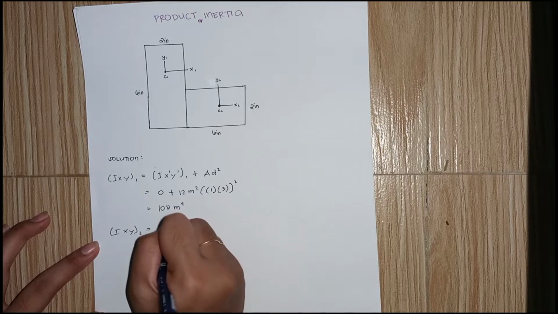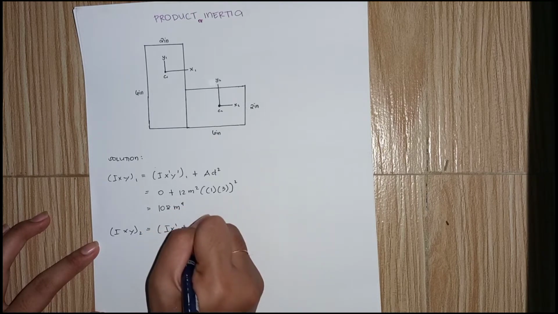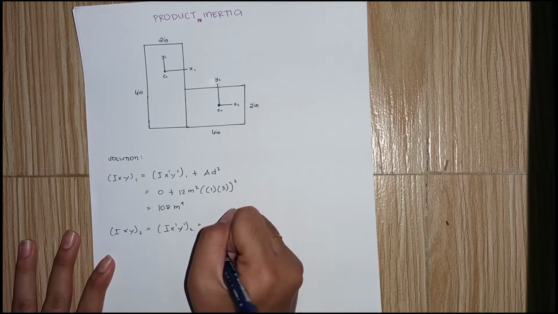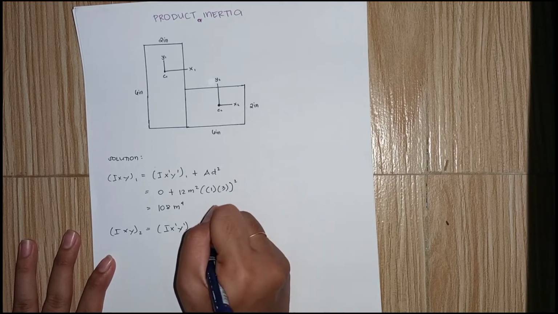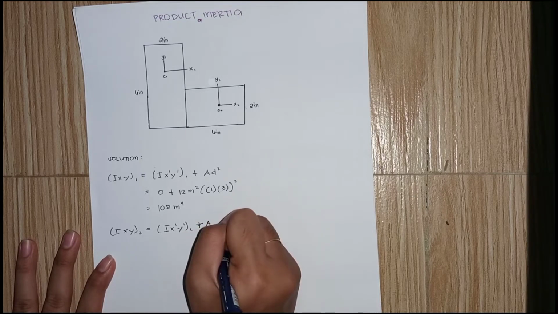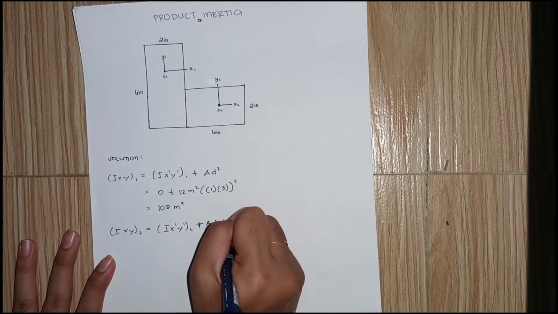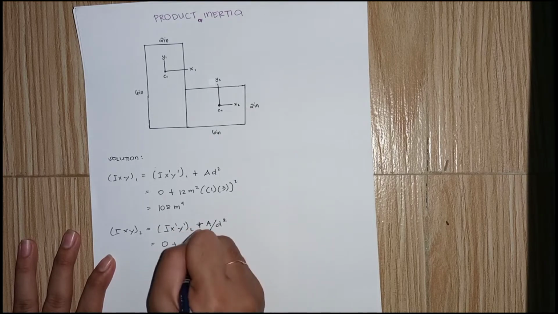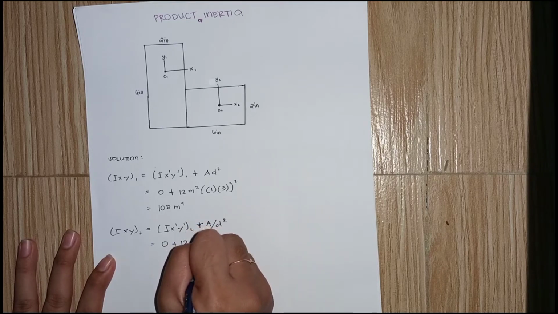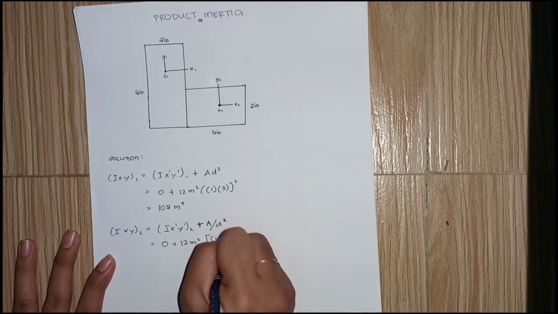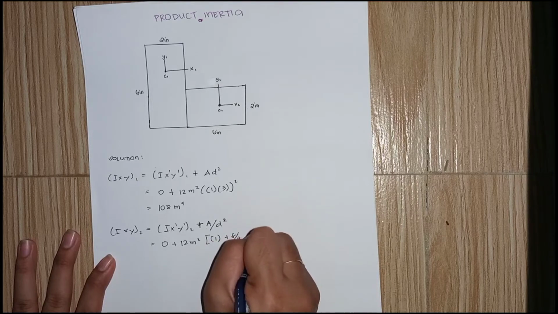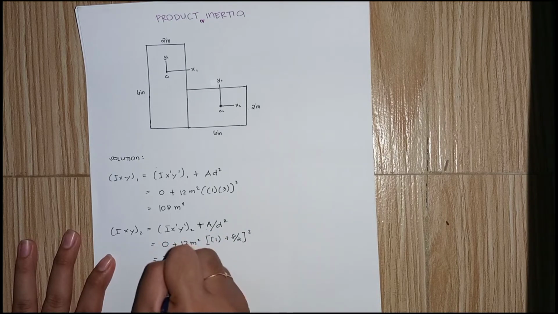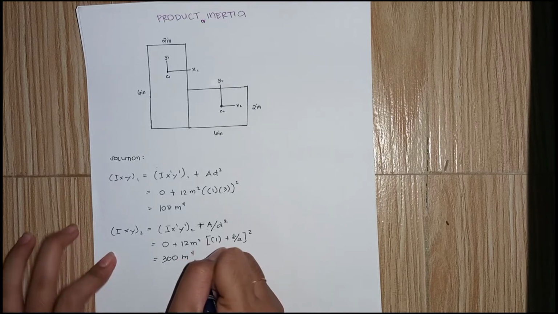So the Ixy2 is equal to I x prime y prime 2 plus A d2 is equal to 0 plus 12 m times (1 plus 8 over 2) squared is equal to 304.